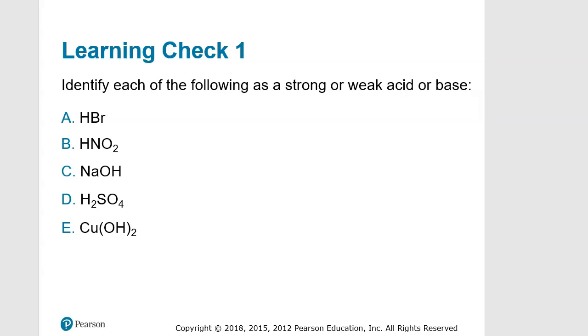So let's identify these as strong or weak acids and bases. These are HBr, HNO2, NaOH, H2SO4, and copper hydroxide. In identifying strong and weak acids and bases, a lot of it's really going to be memory.